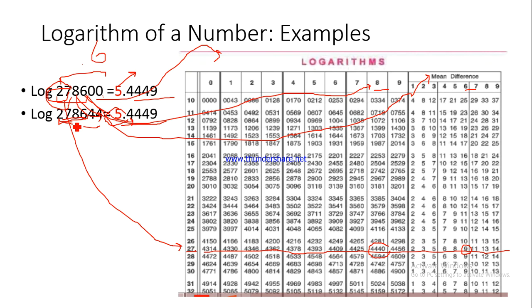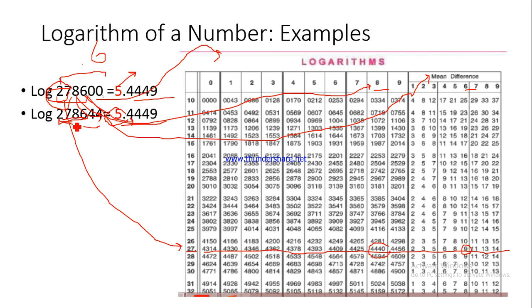And if you look at 278699 also, you would find the logarithm would still be the same, though there's a significant difference between 278600 and 278699. Still the logarithms would be the same, which means I've been able to reduce this large number into a small number to remember, let's say 5.44. However, I have lost a little bit of accuracy.